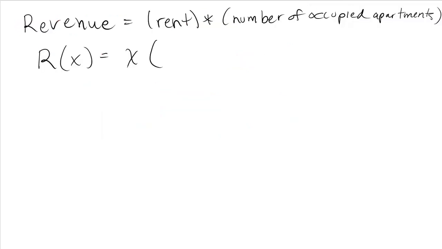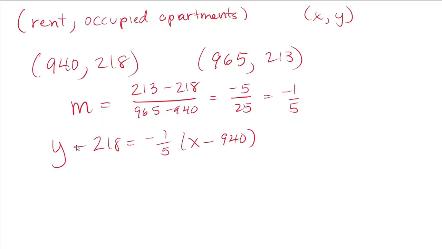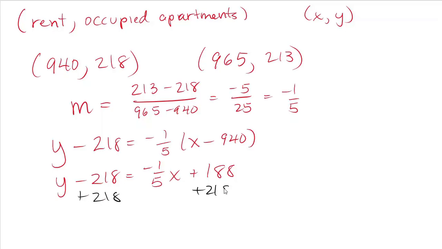We are trying to come up with an expression for the number of occupied apartments, so I want to solve this for y. And I would do this by multiplying out the right side first. This is negative 1/5 x plus, let's see, 1/5 of 940 would be 188. Changes to a plus sign because a negative times a negative is a positive. We add 218 to both sides, and we get y equals negative 1/5 x plus 406.